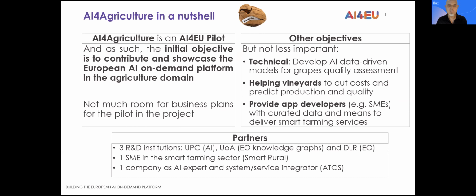We have also an SME, and this is important because the scope of this SME is particularly in the agriculture domain, in the smart farming domain. And we have also one big company, Atos, that is working as a system integrator, but also as an AI expert in this particular domain.